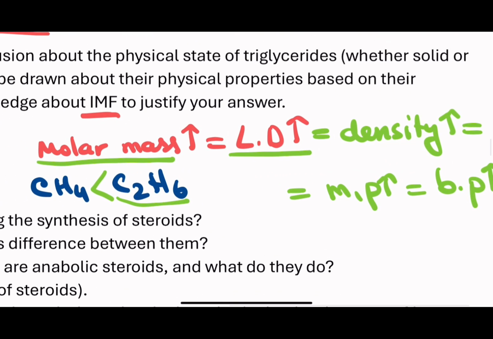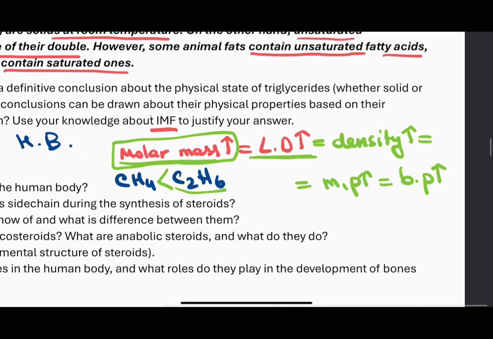Molecules are attracting each other stronger because of the stronger intermolecular force such as London dispersion. London dispersion forces in itself is not as strong as hydrogen bonding, but in general, if we're comparing the two, the one with more London dispersion, meaning the one that is saturated, will have more molar mass, right? Because we have more hydrogens.